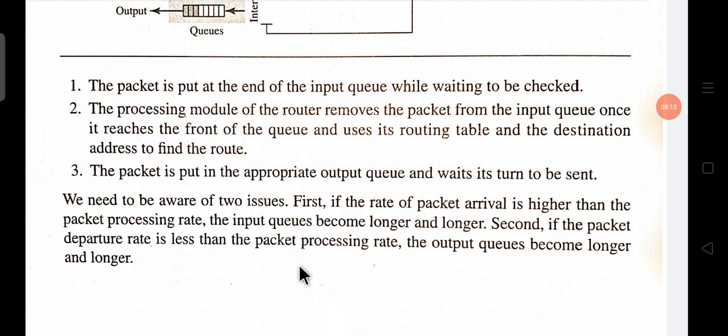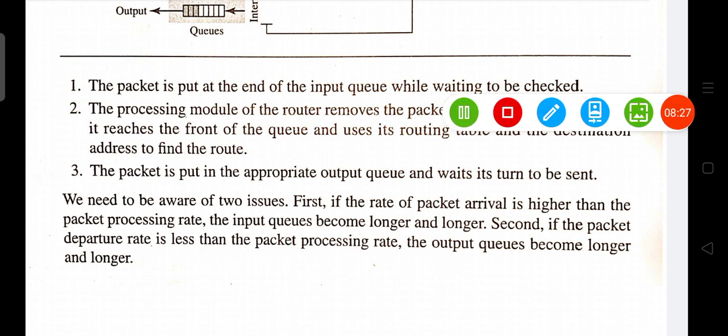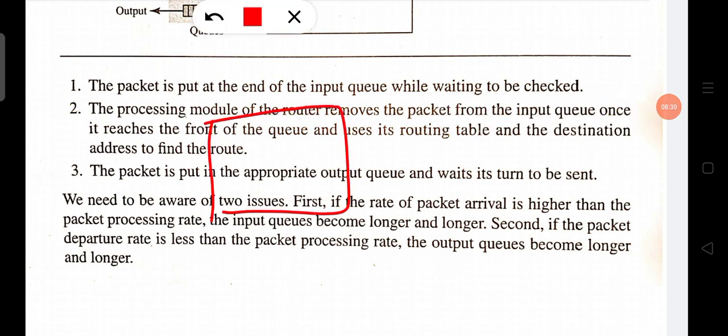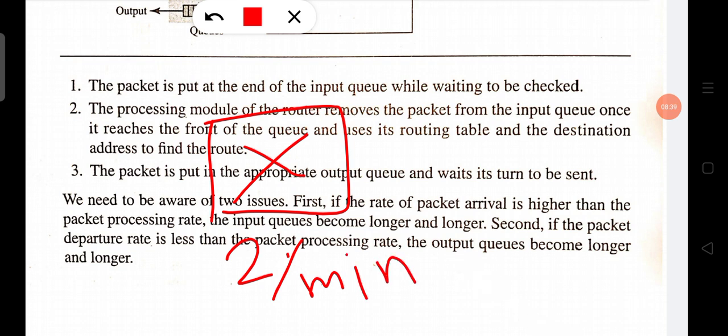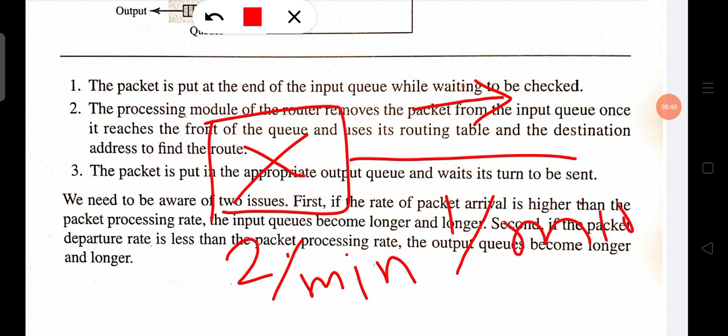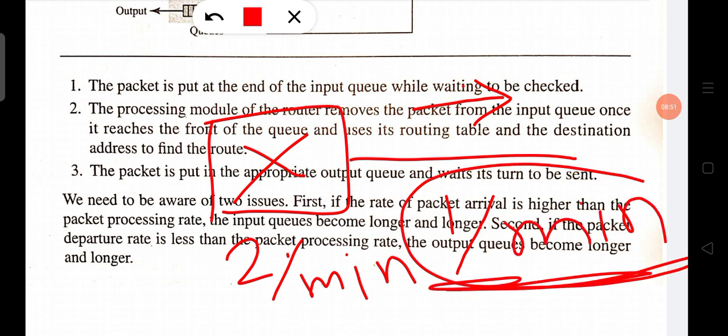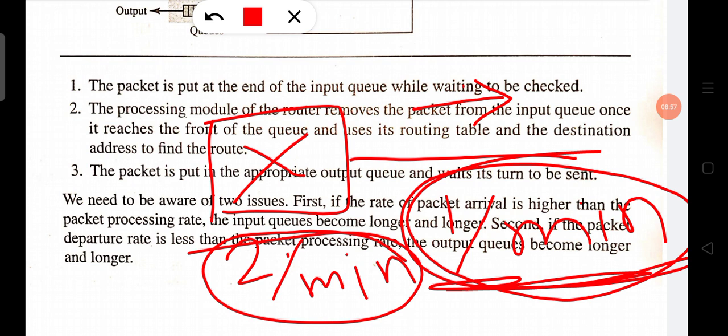The second issue is if the packet departure rate is less than the packet processing rate. If this is the router and the processing unit handles 2 packets per minute, but the outgoing rate is 1 packet per minute, since the outgoing rate is less than the processing rate, queuing of information happens inside the router.